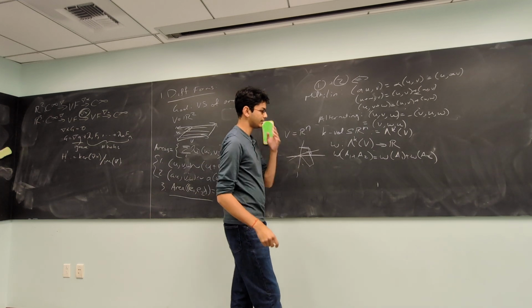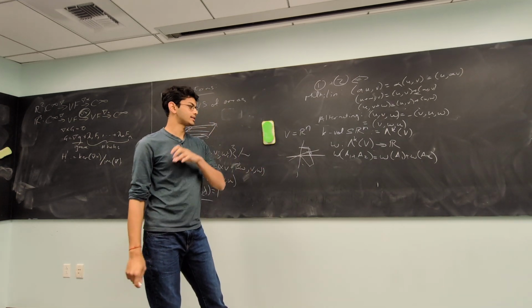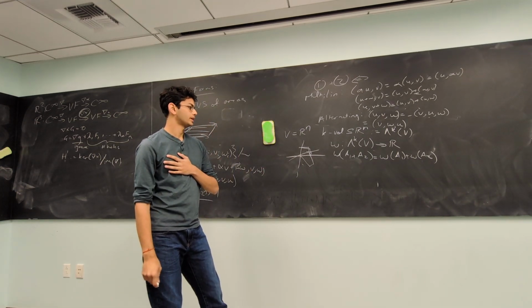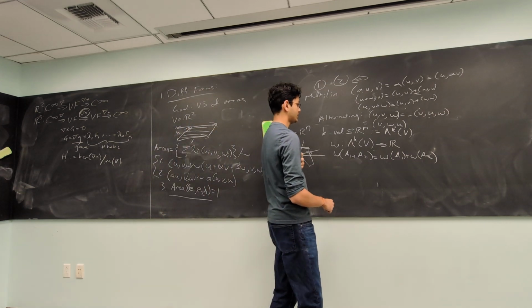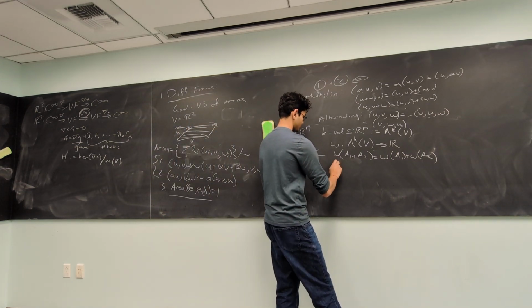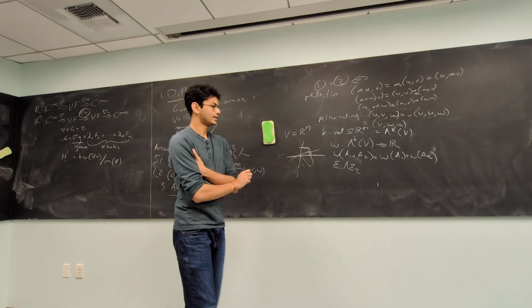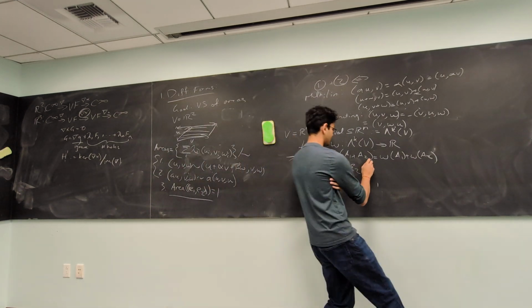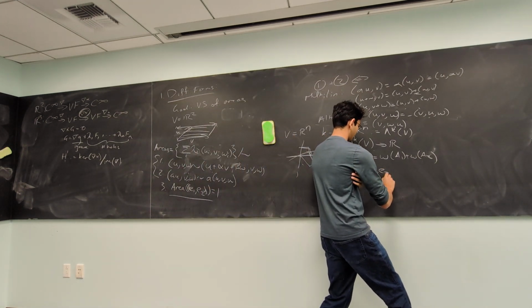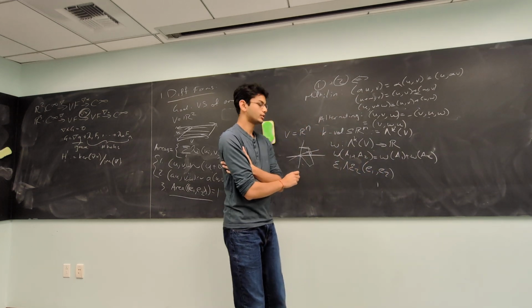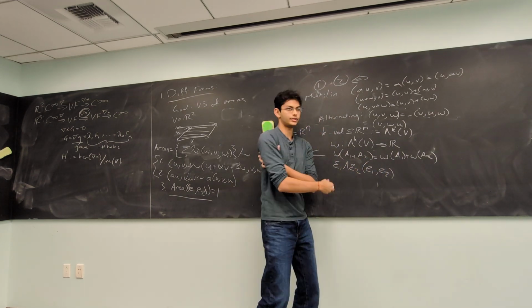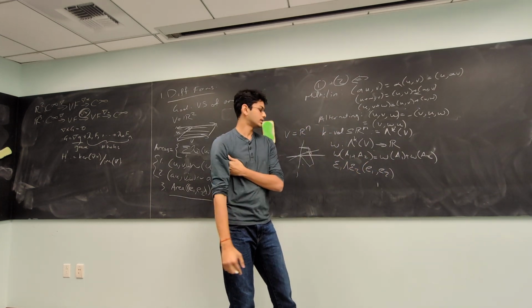You can define some sort of basis area things. Let me just come up with a name. So epsilon1, epsilon2 is something that takes in two vectors, E1 and E2, and gives you some area.